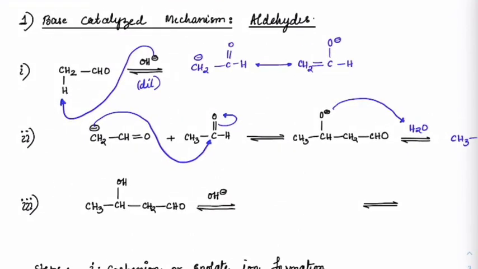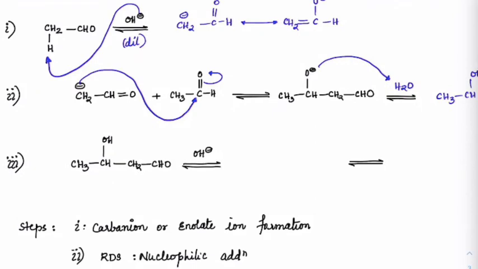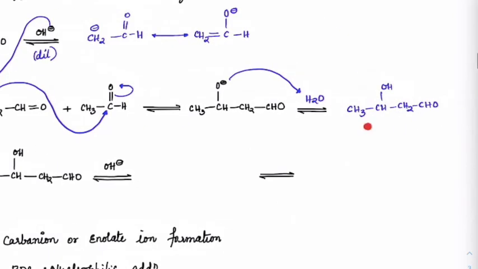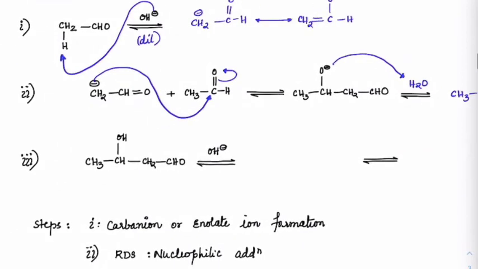This is the second step. So the first step is OH minus extracting the proton. The second step is the nucleophilic attack. Now see the third step. Once you get this aldol form here, this OH minus can extract a proton from the alpha position and form CH3 CH OH CH minus and CHO, which will close as a double bond and remove this OH minus.